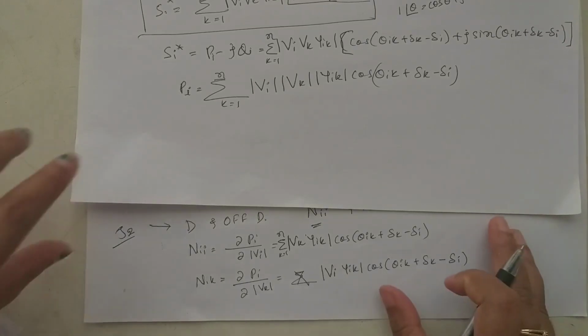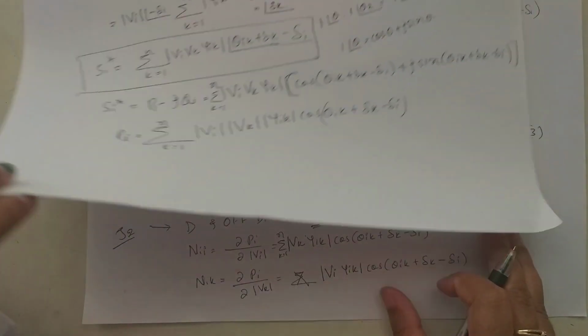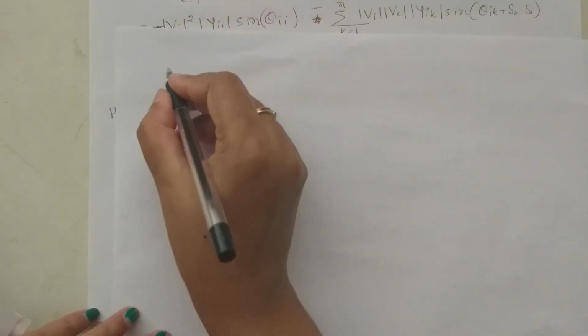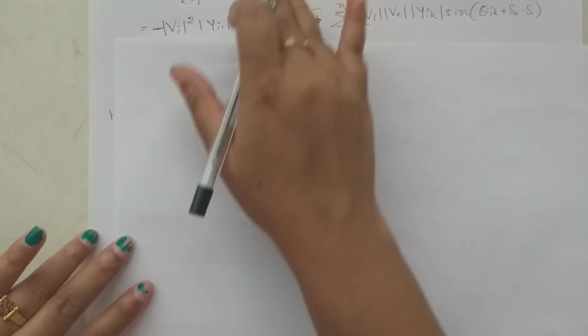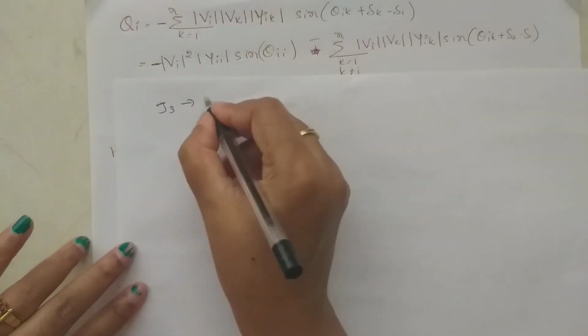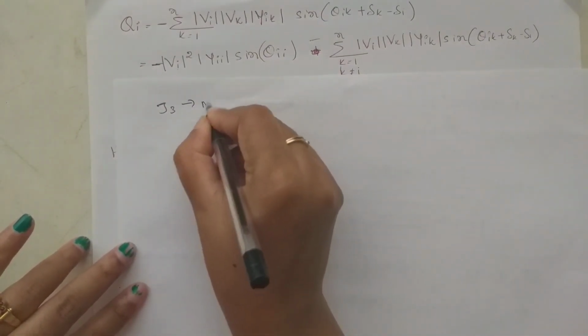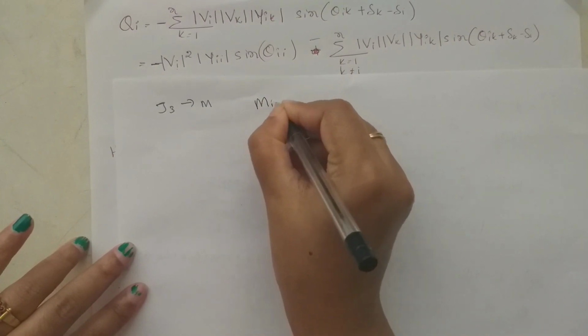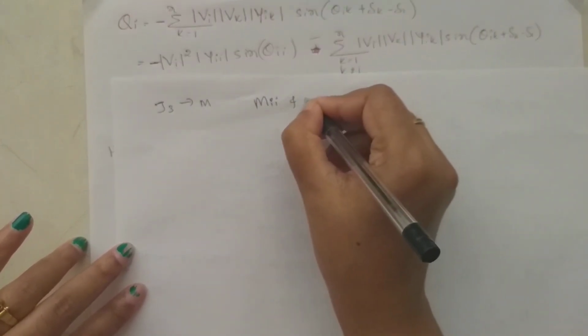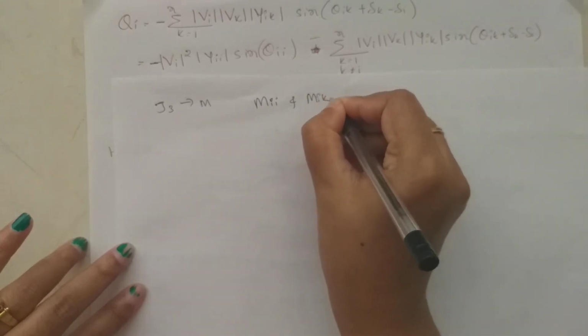Okay, next we have to find matrix J3. Matrix J3 can be obtained like this. J3, which is also equal to matrix M. We need to find diagonal elements Mii and off diagonal elements Mik.